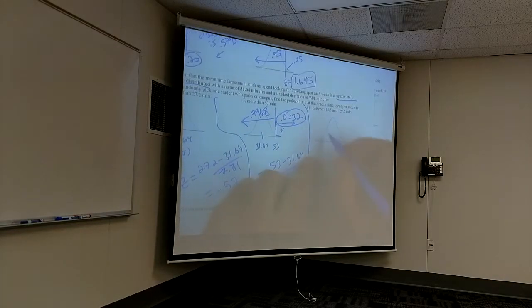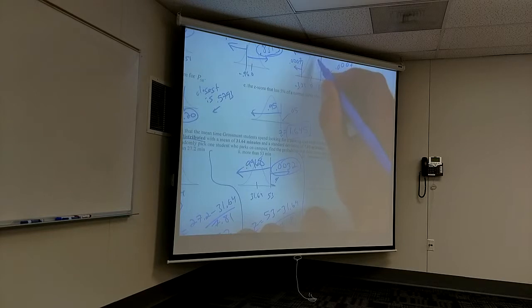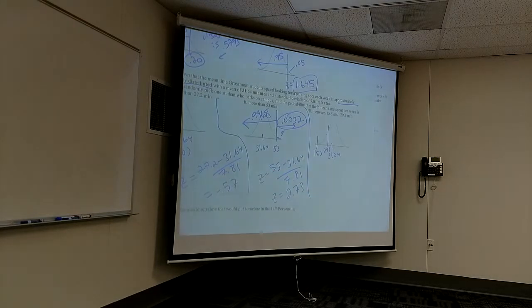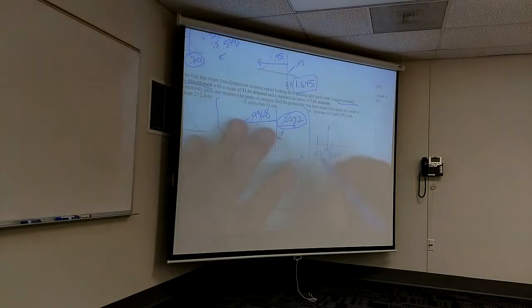And then here's the one that you've got to do, sort of like part C up here. I've got my 31.64, I got my 15.5, and my 29.5 really jammed in there. So I got to get 2 z-scores. Somebody help me out. What z-score did you get for 15.5? Negative 2.066. 2.07?